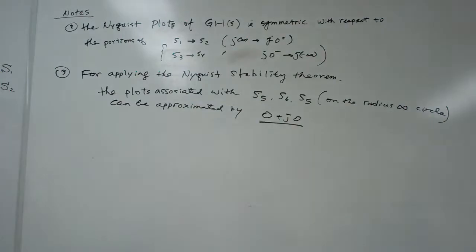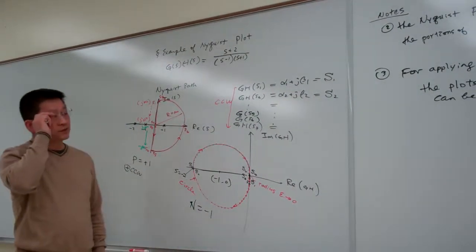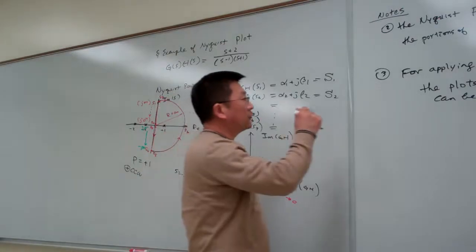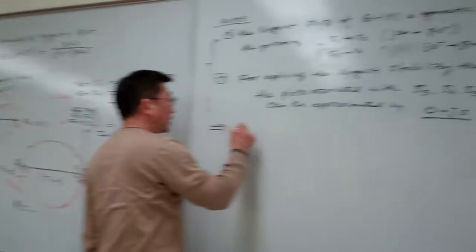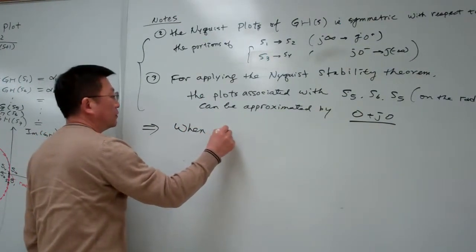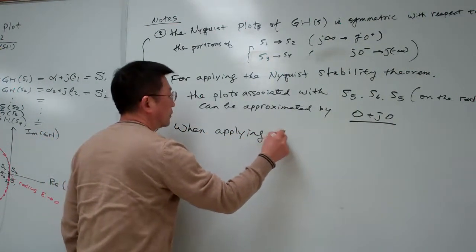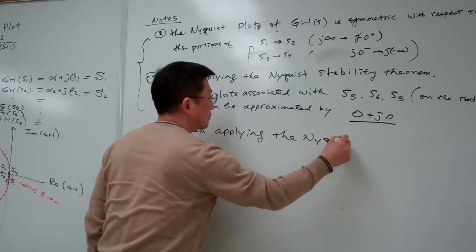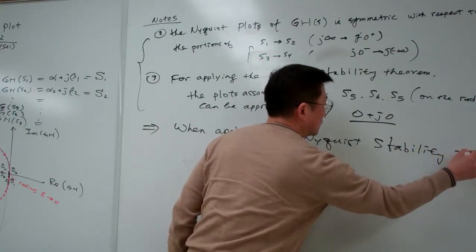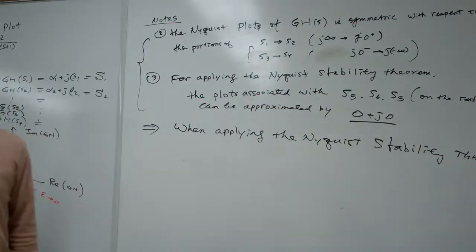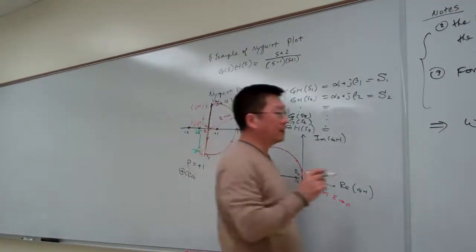So basically, the plot is around the origin here. So by taking the summation of the stability, the point is this: when applying the Nyquist stability theory, you only need to draw a portion. Which portion? This portion.